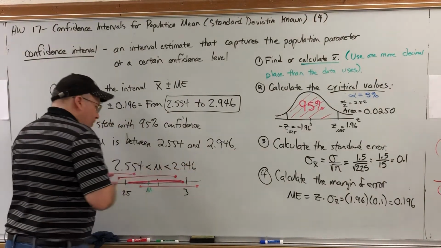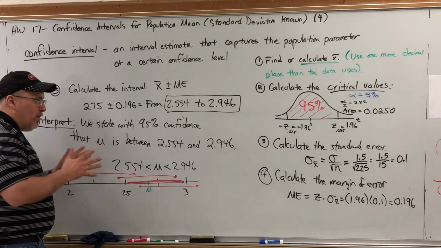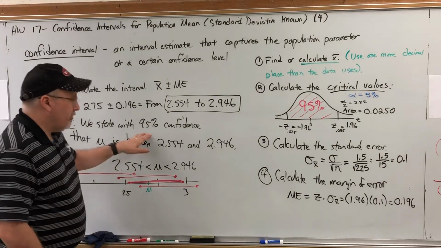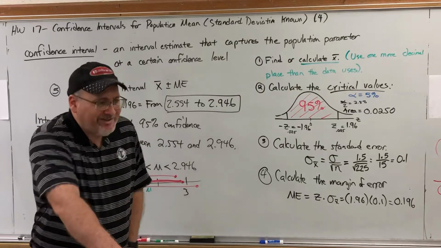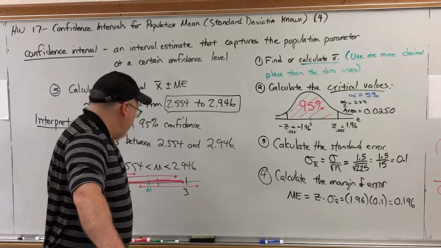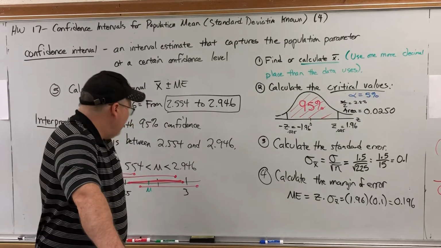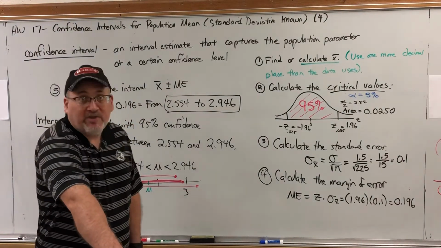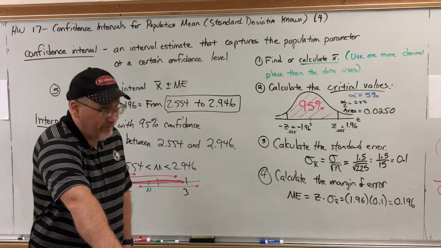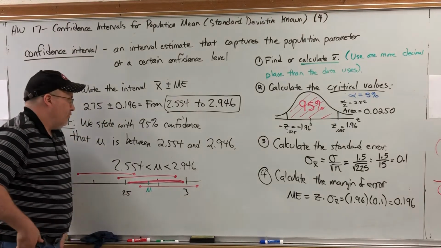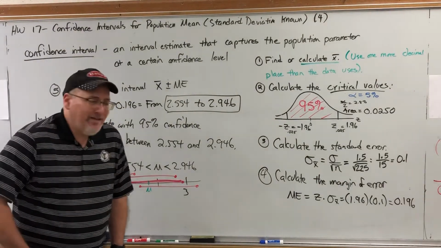Sometimes we can get smaller margins of error, but a smaller margin of error could be due to a smaller confidence level. So if I said a statement like, oh, you want a smaller interval? Okay. The population mean is somewhere between 2.73 and 2.77 with 10% confidence.